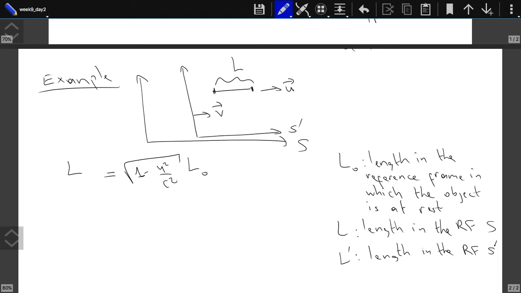Well, in terms of L0, we can just straight away write what L prime should be. This is square root of 1 minus u prime squared over c squared times L0, u prime being the speed of the object relative to the reference frame in which the particle is at rest.